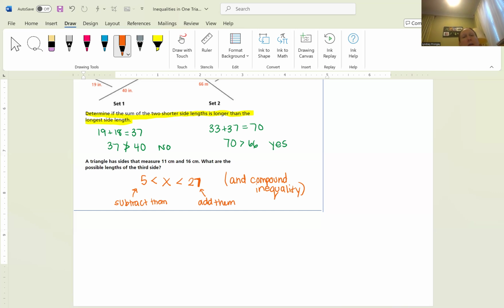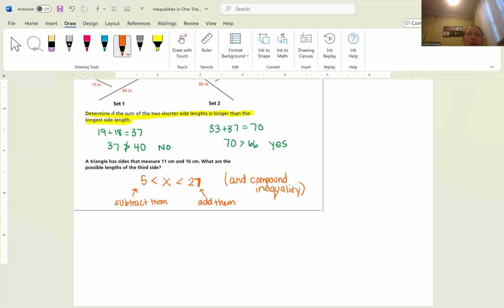We don't want to just list numbers like 6, 7, 8, 9, and so forth because, like I said, it could be fractions, it could be decimals. We want to show it could be anything in that range between 5 and 27, just not those numbers themselves.